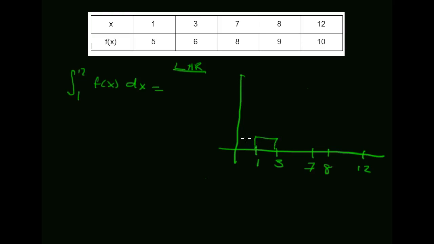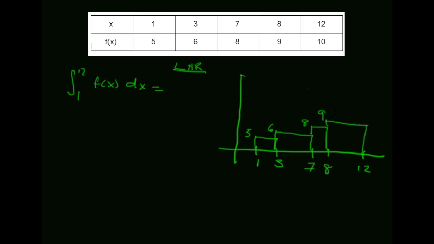So this has a height of 5. At 3, I want to use the height of 6. At 7, I want to use the height of 8. And at 8, I'm going to use the height of 9.